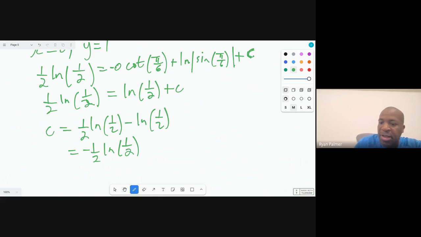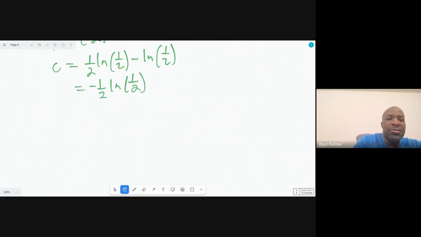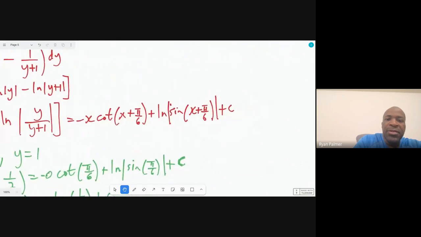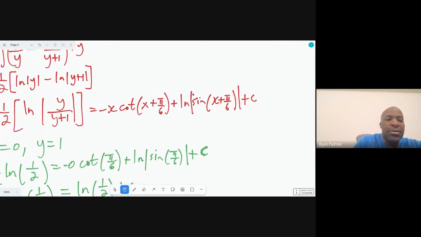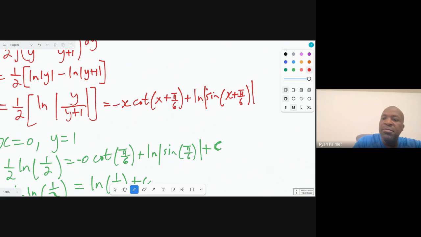So we can pull that all together now as one expression, and instead of c, we have minus a half ln a half.